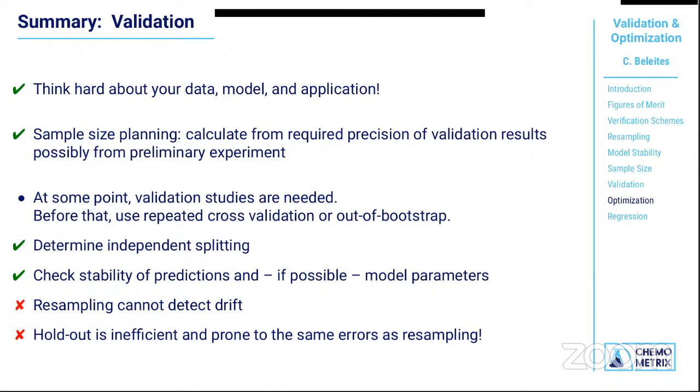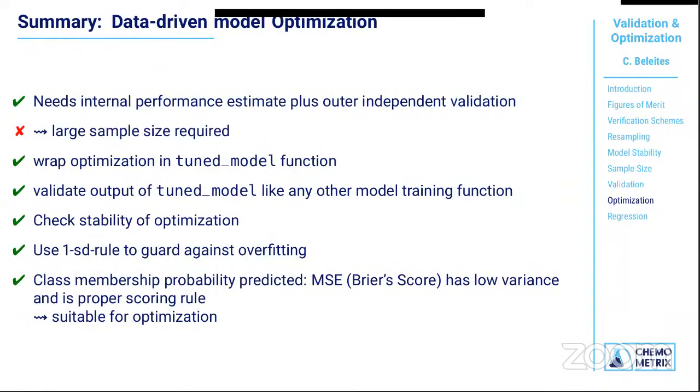Before that, repeated cross-validation or bootstrap are sound choices. You need to think hard about how to get your splitting independent, though. And you should check the stability of the predictions and, if possible, also of the model parameters. Holdout, in contrast, is not very efficient. For the optimization, you need internal performance estimates plus then the outer independent validation.